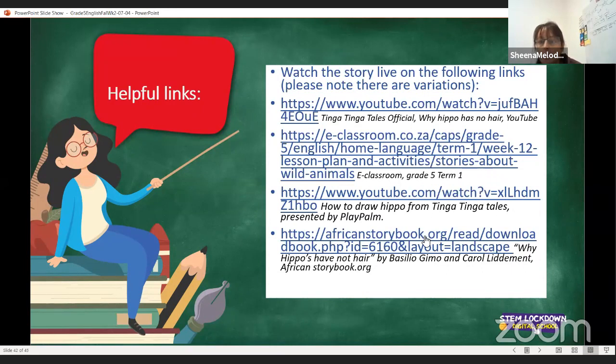On African Storybook, they have the story for you. It's a bit different than ours, but it's the same kind of tale. And if you go to Tinga Tales, you can also see the story. And if you want to draw a hippo, you can go to Play Palm, and they have a hippo from Tinga Tales that they can teach you how to draw. So you can have a bit of fun as well.